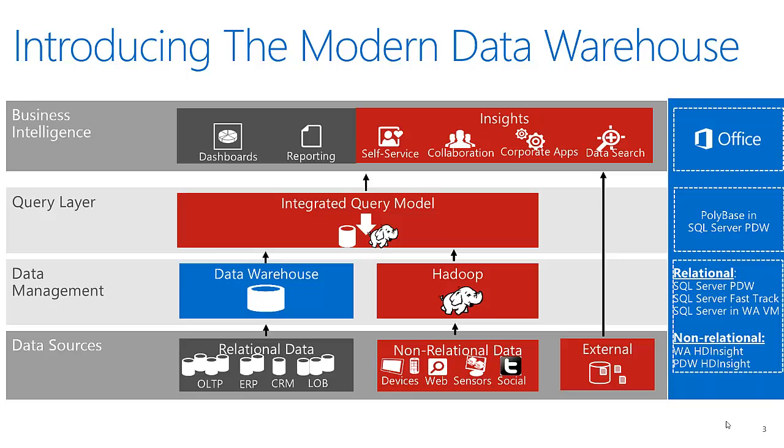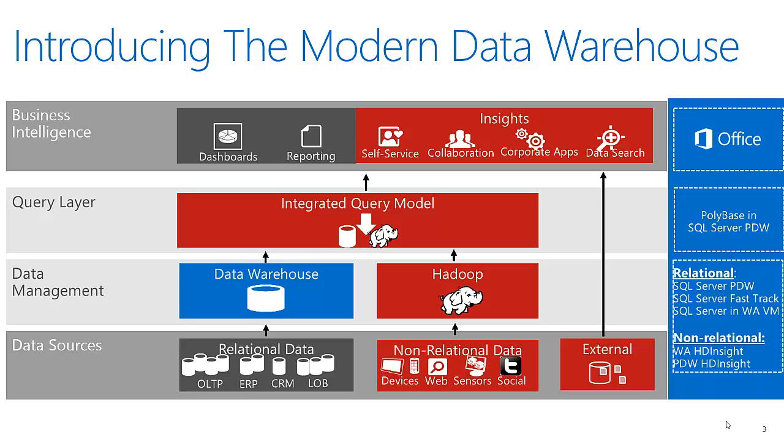This is a great technology, and it's really, really great. I will show it to you in my demo. But what it does basically, it automates the process of the Hadoop MapReduce process, and so it actually generates code that is run against your Hadoop cluster. And you can handle, query, and process the Hadoop data using your SQL Server skills. So you don't really have to learn how to write MapReduce.